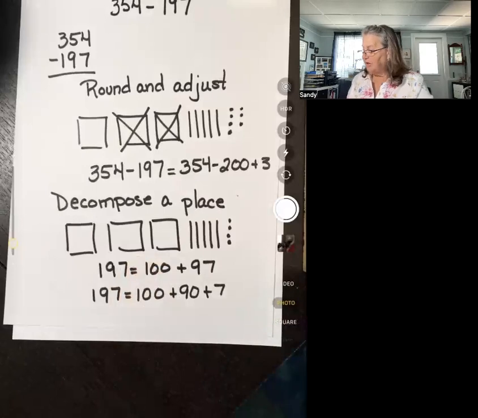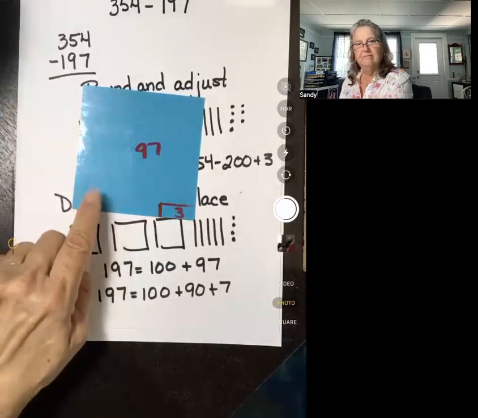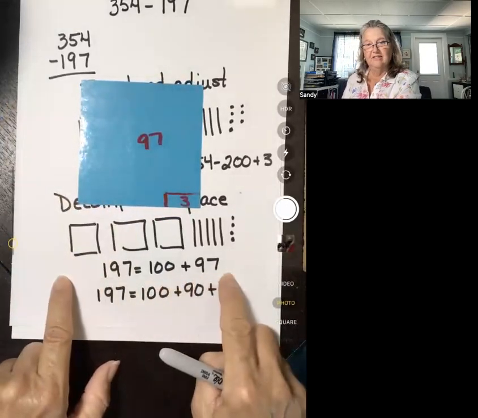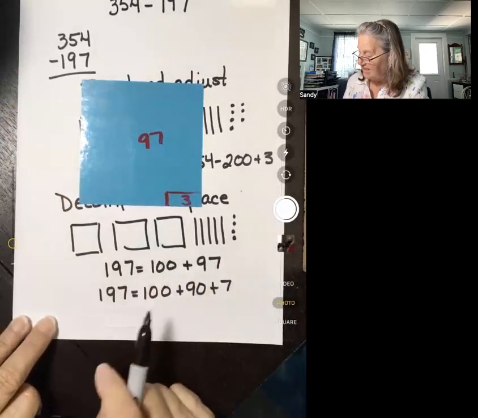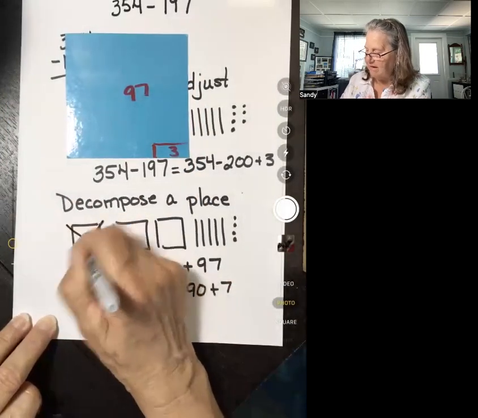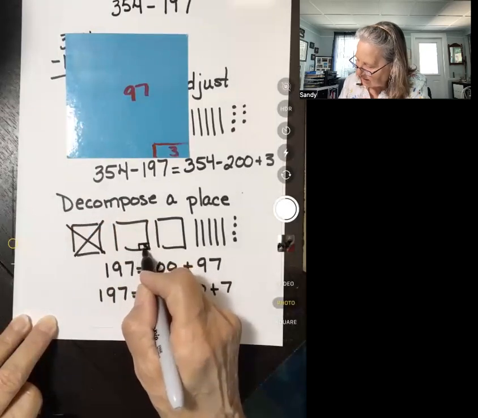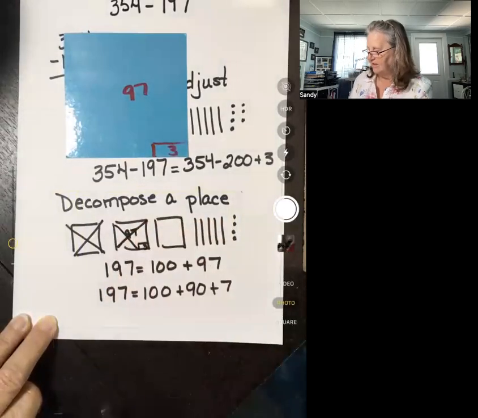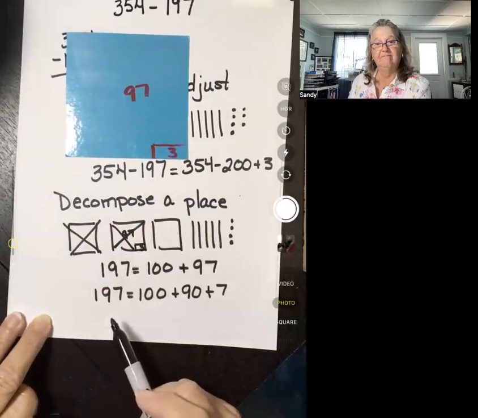So I'm going to look at this version of decomposing first, because that matches this. So if I want to remove 197, I could remove any of the hundreds, won't matter which one, and then I can cut this one into 3 and 97, and I remove the 97. What am I left with? 157, right?